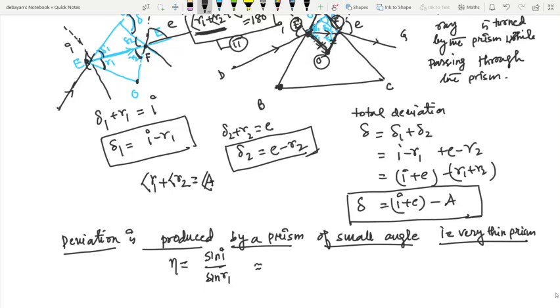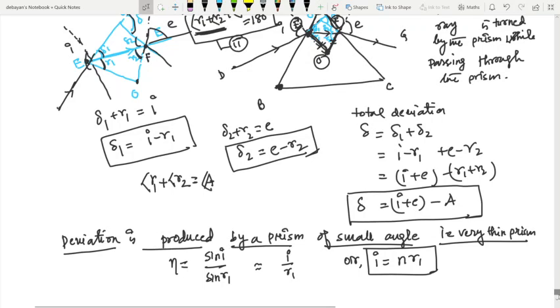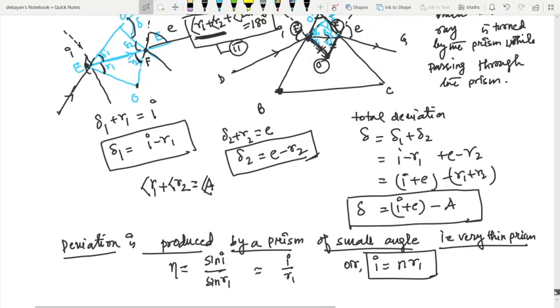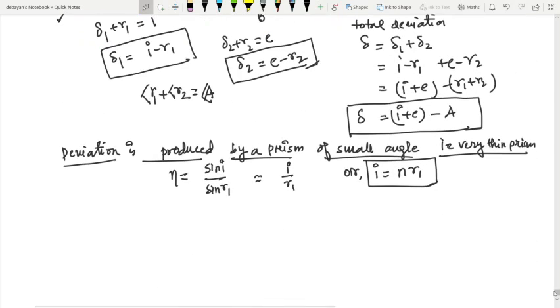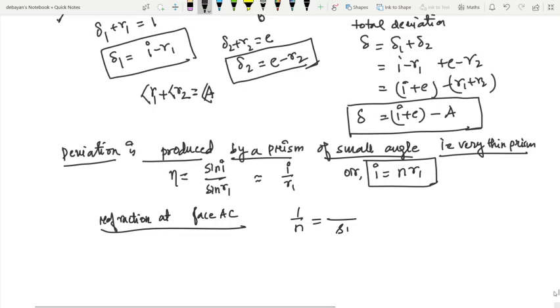And also if we consider the refraction at the face AC, what we will get is 1 by n is equal to sin R2 by sin of the angle of emergence, and of course you can write n equals E by R2.